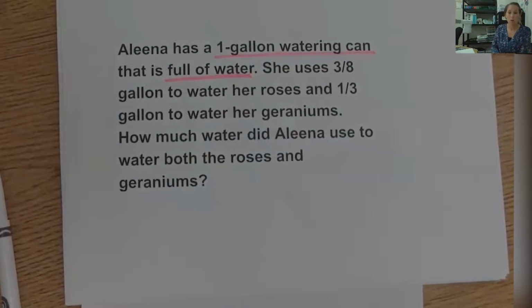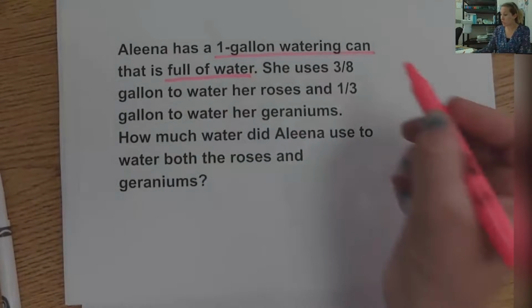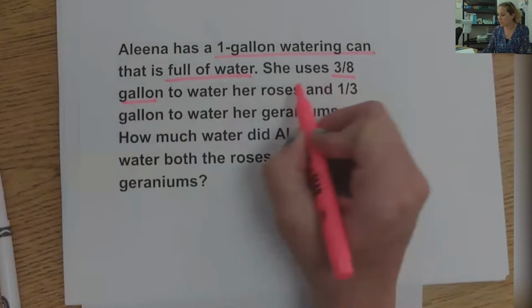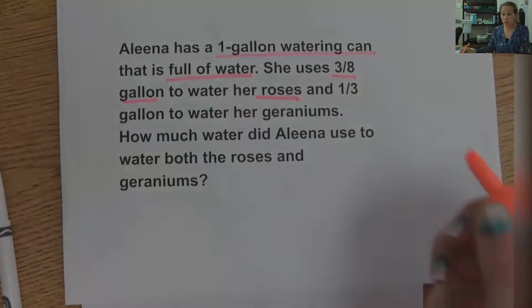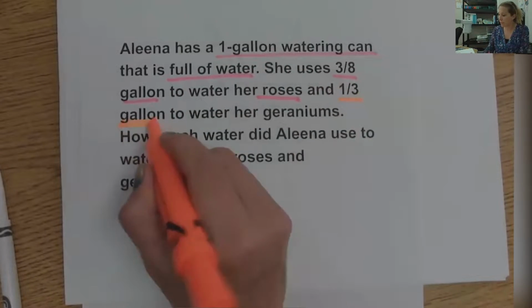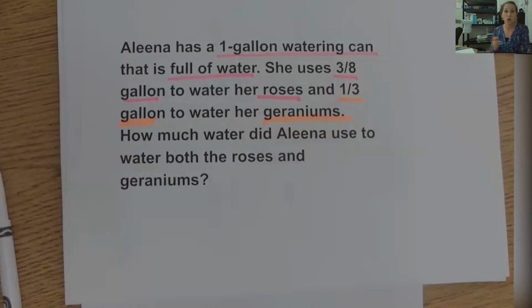What other information do we know? Well done. We know she uses 3/8 of a gallon to water her roses, and we know she uses 1/3 of a gallon to water her geraniums. Geraniums and roses are just a type of flower. The question is asking how much she uses to water both.